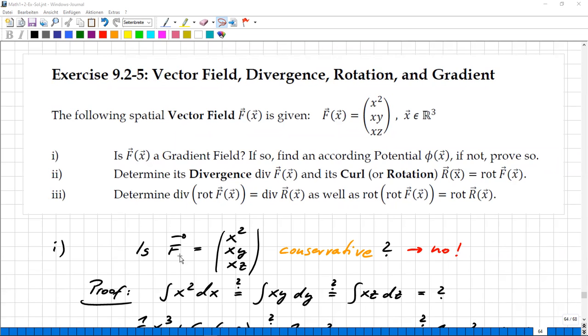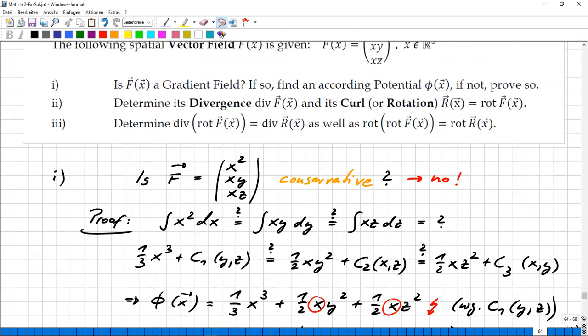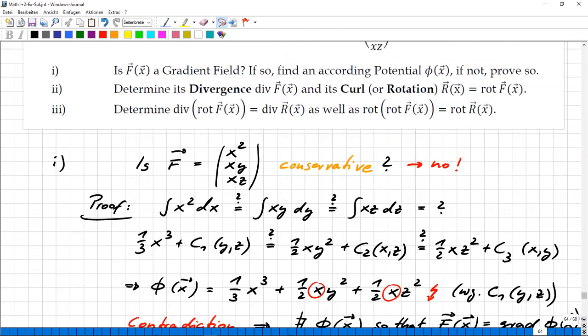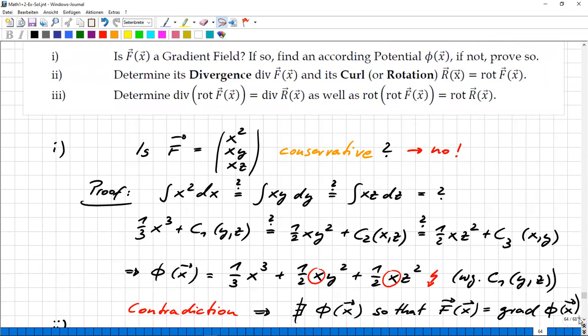First one. Question: is the vector field f a conservative field? In other words, does it have a valid potential? The answer is no. I already stated that, but I want to prove it. Well, this is not really a clean proof, but it's quite a straightforward method to simply find out. And I hope you can easily understand what I'm doing here.